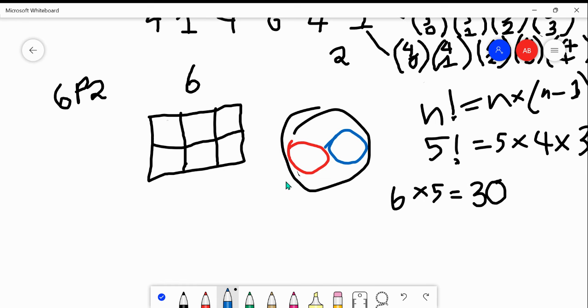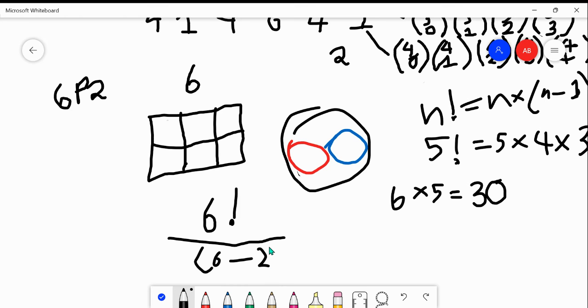However, the order doesn't matter because in a cup they just slush around. It doesn't matter which scoop goes in first. You can't order which scoop is in whatever. Unlike a cone where you can say there's a fine order, here there isn't any order. So now what do you do? Well, if you use the formula 6 factorial divided by 6 minus 2 factorial, the problem is you're double counting.